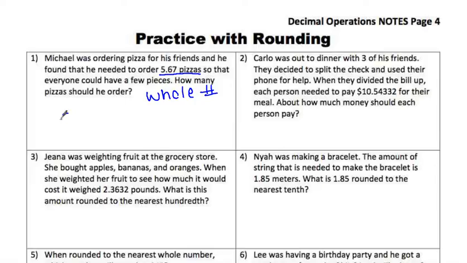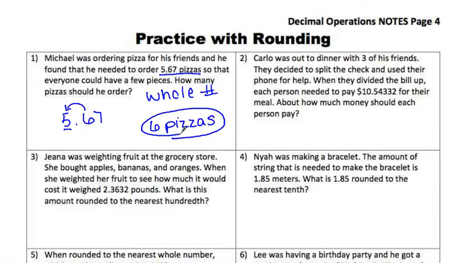What would 5.67 round to in pizzas? Well, when you order pizza, you always want to order more pizza and not less. So we're going to round to the whole number. The 6 rounds the 5 up, so we're going to order 6 pizzas. Always make sure you circle your answer or box it.